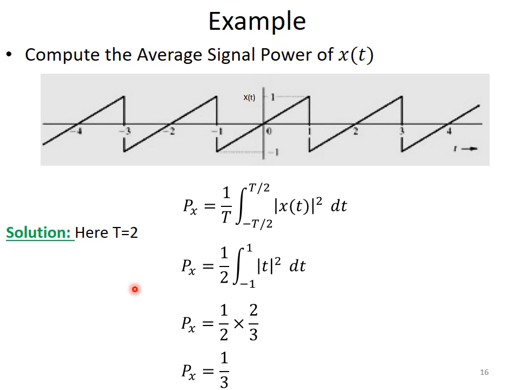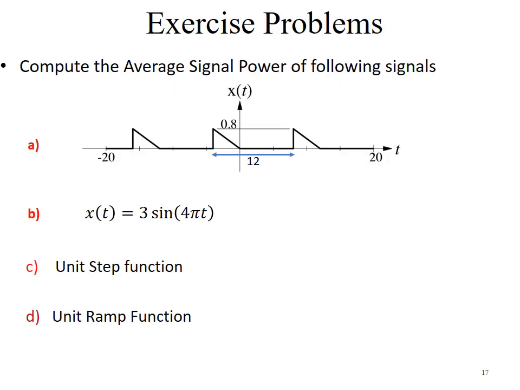Now evaluating the integral, you get power equal to 1 upon 3. This would be the same result if you take any one cycle of this waveform, if you take from minus 3 to minus 1, or from 1 to 3 or 3 to 5.